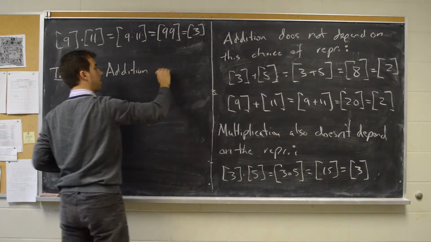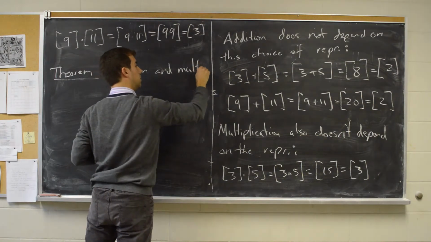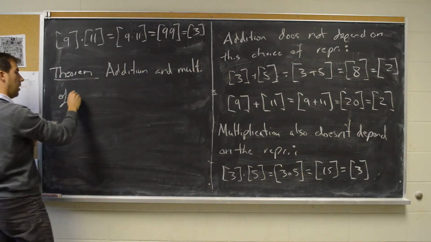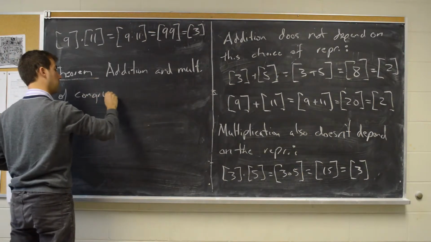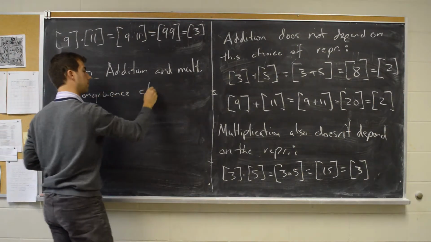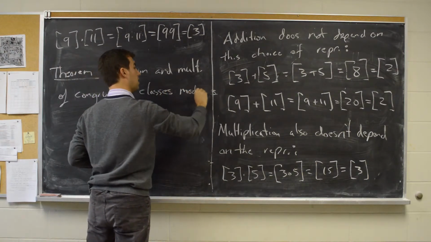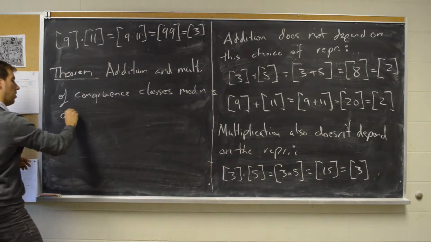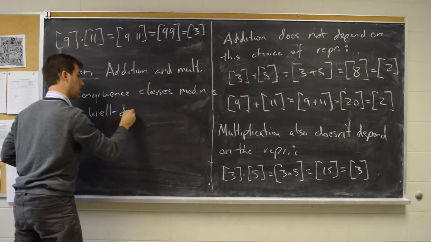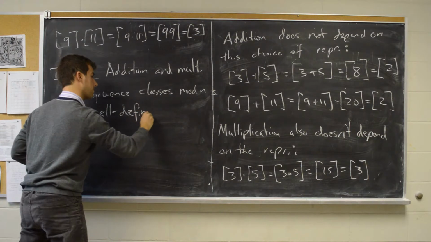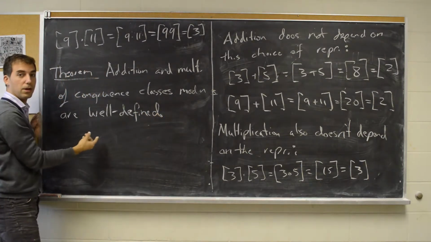Addition and multiplication of congruence classes modulo n are well-defined. What that means is that the operation really doesn't depend on the choice of representative.